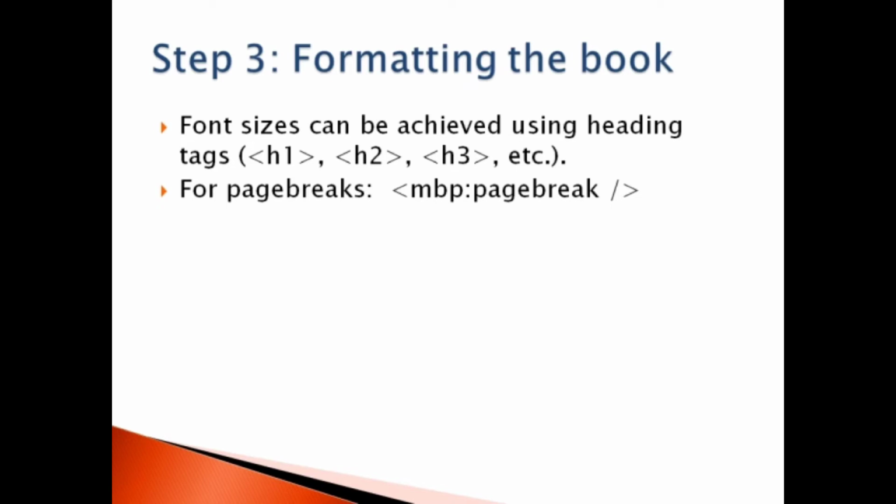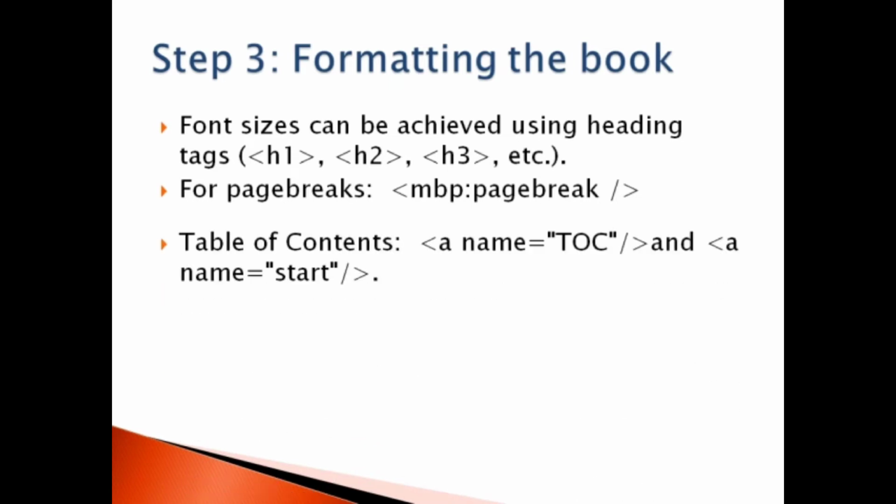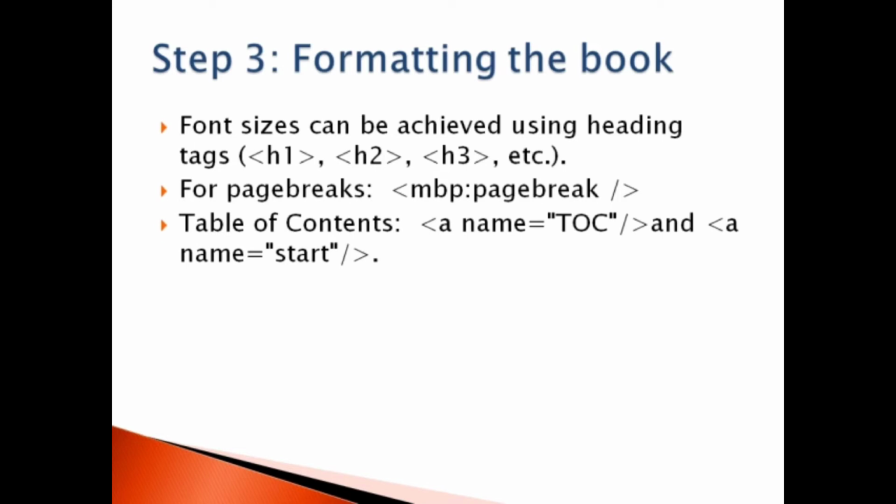You want to tell Amazon Kindle where the page breaks are going to be. So this is the tag that you would use in front of wherever you want the page break to be. Table of contents: to tell Amazon Kindle where your table of contents is, you want to have the specific tag in front of it.